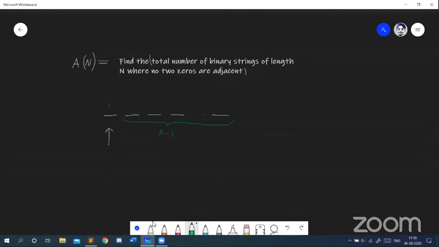And so for case 1, where the string must begin with 1, so it begins with 1. In that case, my answer will be a of n minus 1.